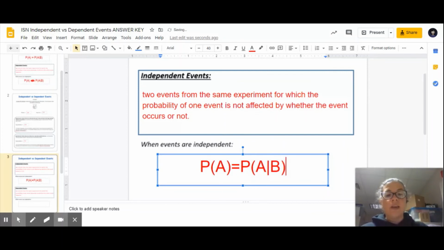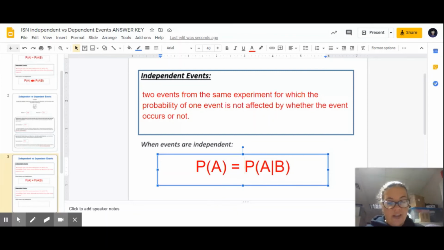So if looking at event B happening first doesn't change the probability of A happening, then these probabilities will be equal. And I mean exactly equal. We had like a half and a half, so they were exactly the same. That makes our events independent. Because B happening first had no effect on A happening, this probability ended up being exactly the same as this probability. So we can fill that in on our notes page, and we're going to use this when we're trying to determine if events are independent in the future.